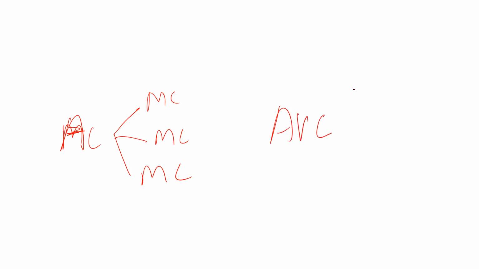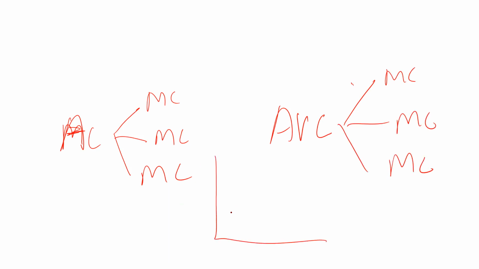So I'm writing it again for you. MC, here it is. AC here, not MC here. And this is MC, MC, and MC. You can even remember the same idea with average variable cost. Same thing, MC, MC, and MC. Please note the difference is none in principle. I can just put it up here.